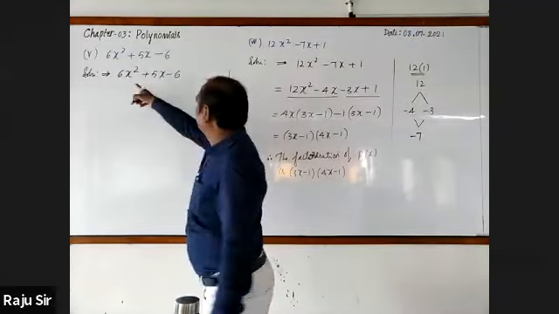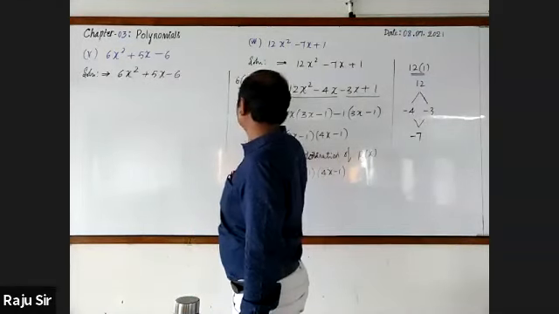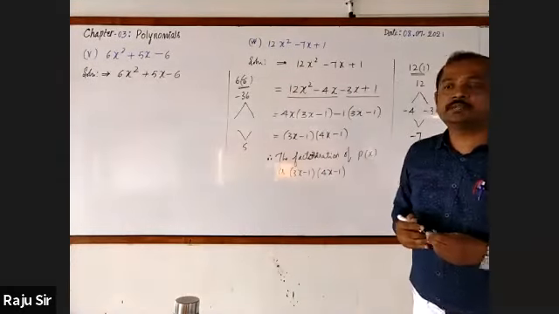Multiply the first and last constants: 6 into 6, this is minus 36, and the middle term is 5. What are the factors of minus 36 whose sum is 5?